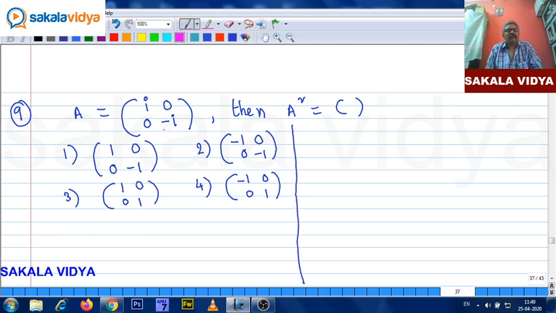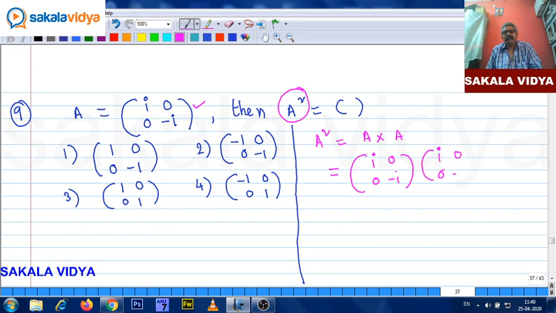So now this is the A matrix, then we need to find A square. A square means, by definition, A into A. That means I 0, 0 minus I multiplied with I 0, 0 minus I. See R1 C1: I square plus 0, I into 0, 0 into minus I, 0, 0 plus 0, next 0 plus I square.